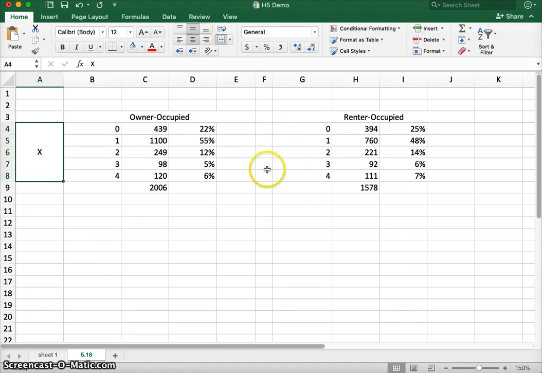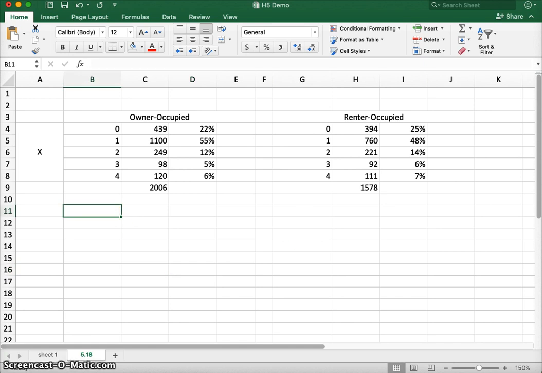We could do that by multiplying the result by the percentage, and in that way do a weighted average.